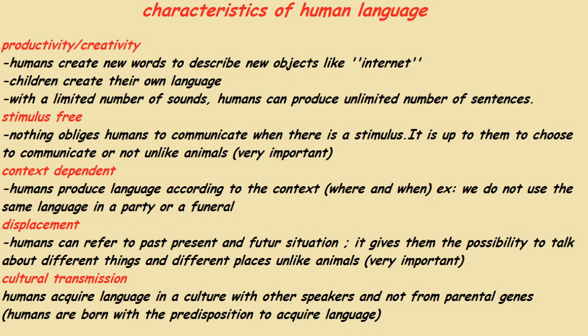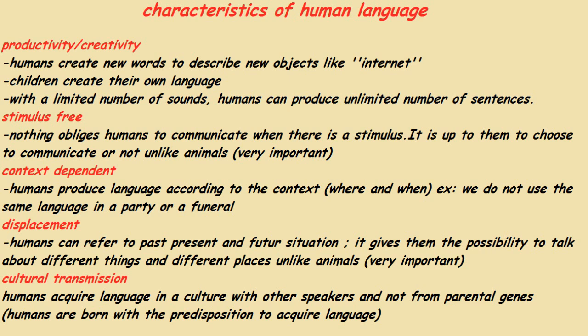This characteristic permits humans to talk about different things and different places as well. A dog, for example, cannot communicate the fact that it was in the garden, right? But a human being can talk about something that happened to them a long time ago, 10 or 15 years ago. This is called displacement.